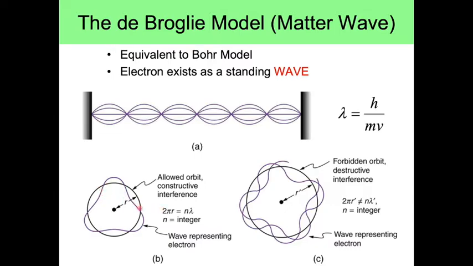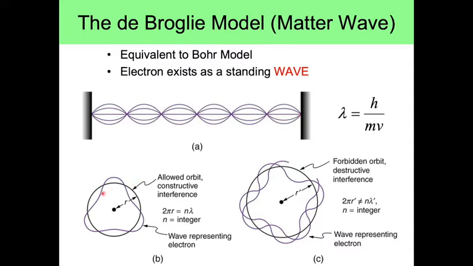So when the wave goes around and comes back to the original position and closes, a standing wave is formed because the two ends are nodes, if you remember the wave section.